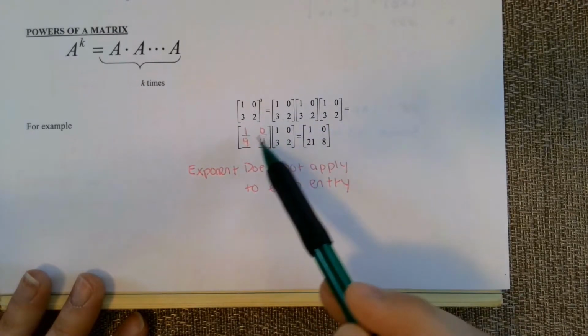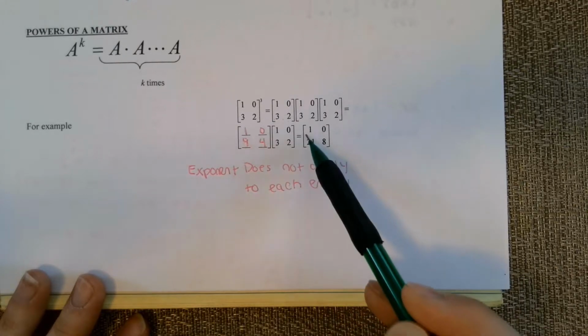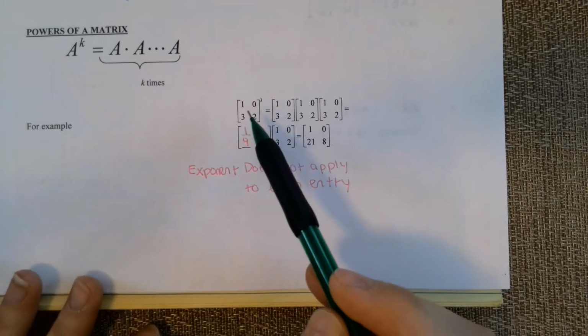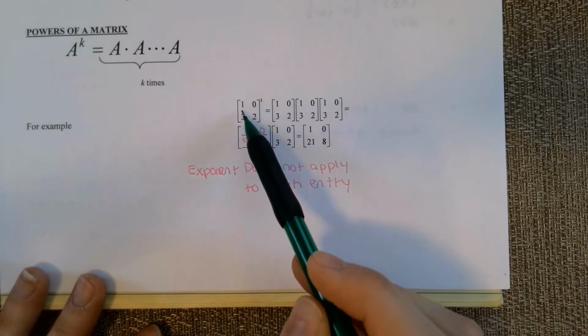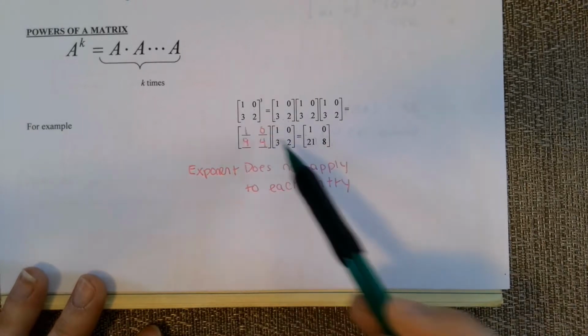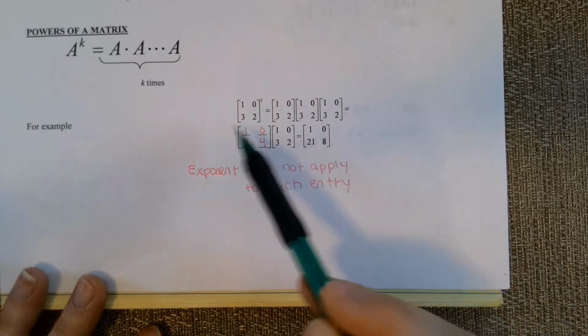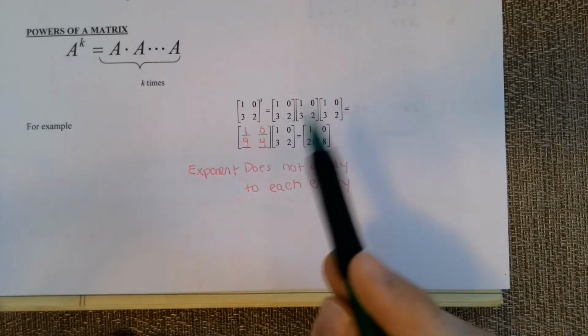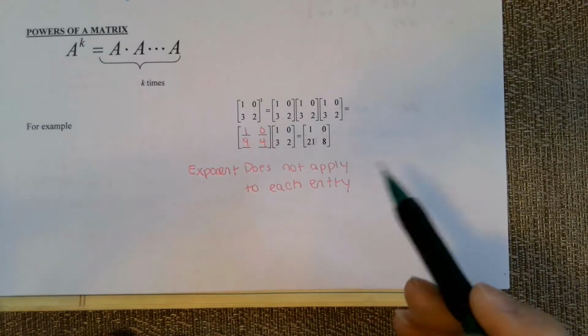And if I multiply it again, I get 1, 0, 21, 8. So even though it looks like I multiplied 1 cubed, 0 cubed, 2 cubed, this last one doesn't really apply. This 21 is not close enough to being 3 cubed. So make sure that you don't distribute the exponent to each of the entries.